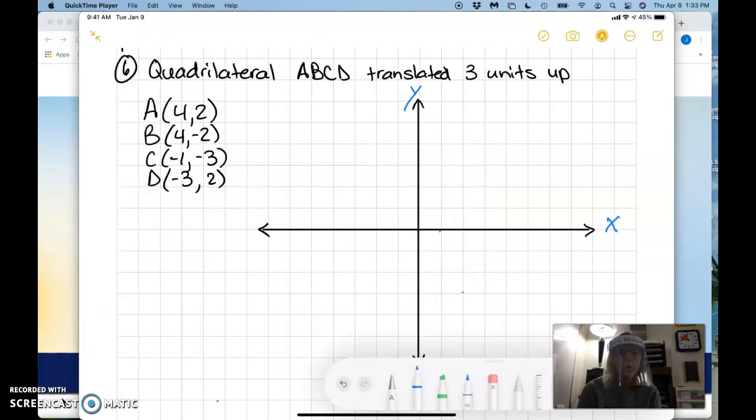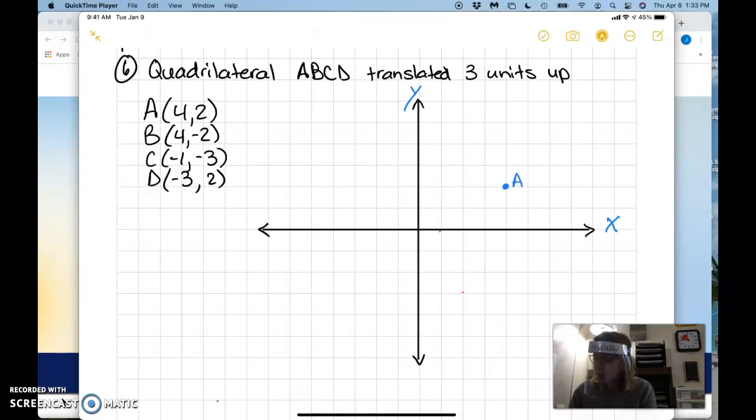Okay, so now we have quadrilateral ABCD translated 3 units up. So first let's plot this quadrilateral. 4, 2 is A. 4, negative 2 is B. Negative 1, negative 3 is C. And negative 3, positive 2 is D. So connect your dots.